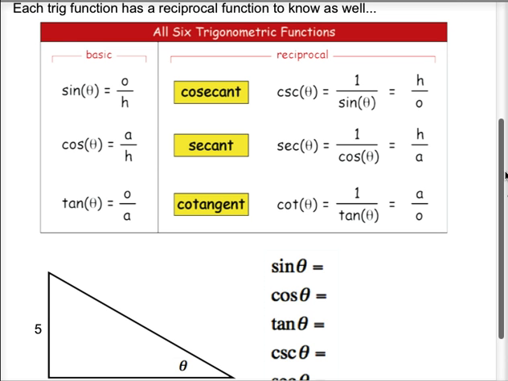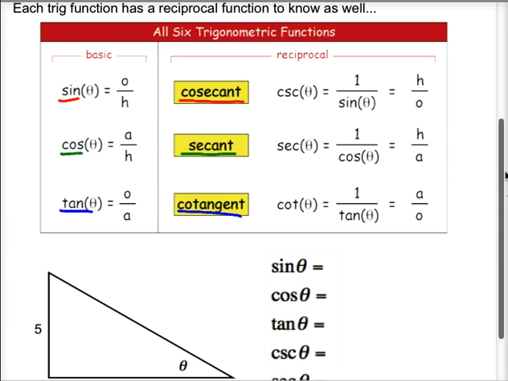Now, the tricky thing is, sine pairs with cosecant, cosine pairs with secant, and tangent pairs with cotangent. So you may notice sine and cosine don't exactly go with the ones you expect them to. Now, just an overall thing of what these are called: the reciprocals.